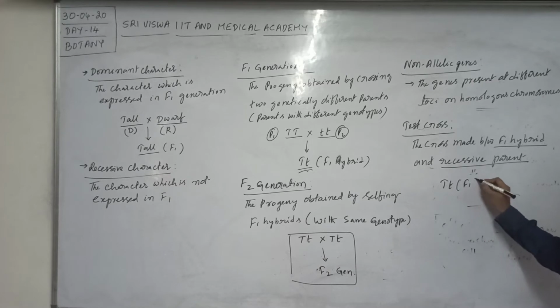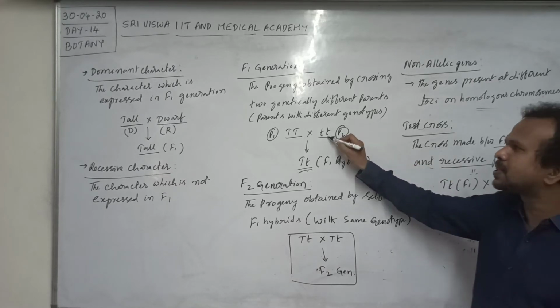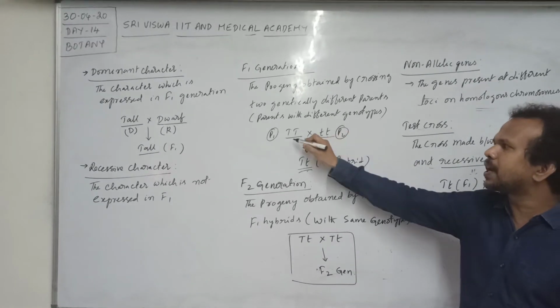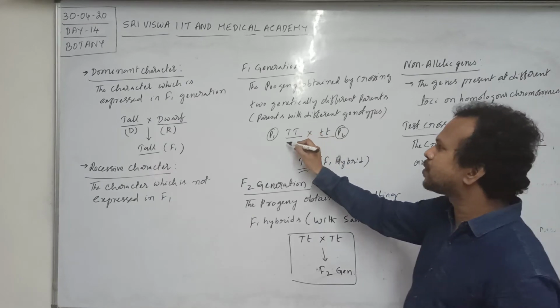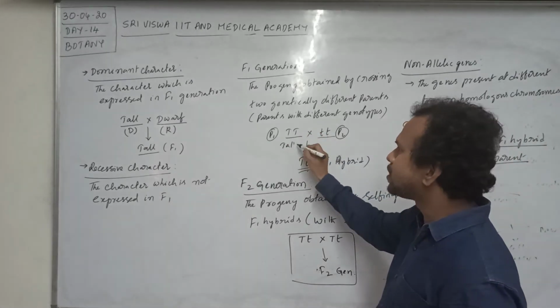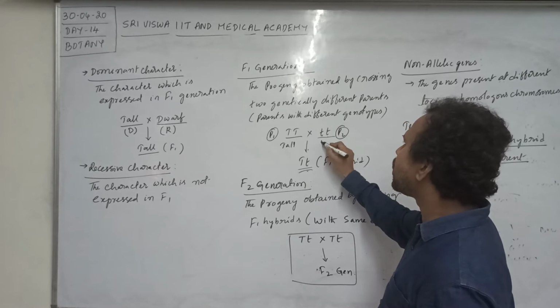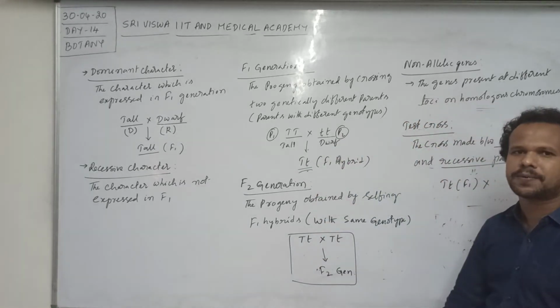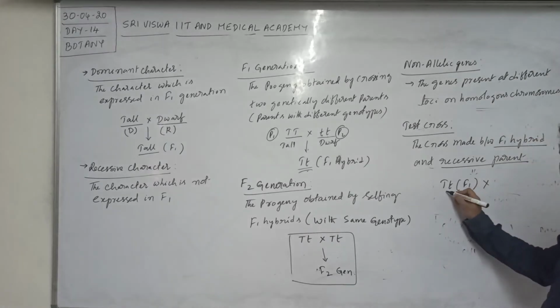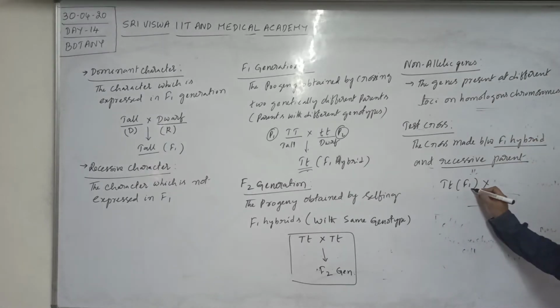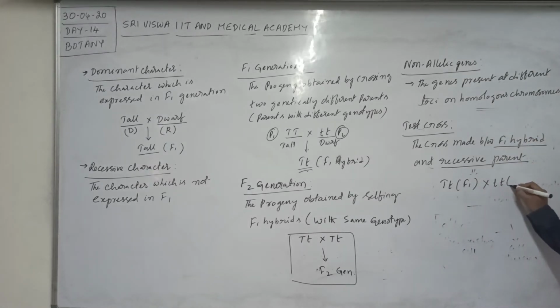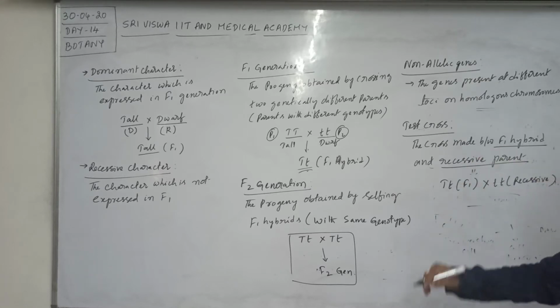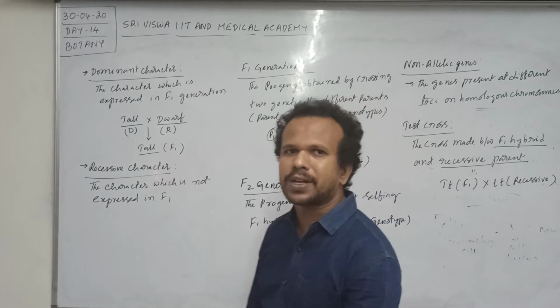When it is crossed with the recessive parent, here capital T codes for tallness and is dominant, small t codes for dwarfness, this is the recessive parent. So a cross made between capital T small t, F1, with small t, recessive parent, is said to be test cross.